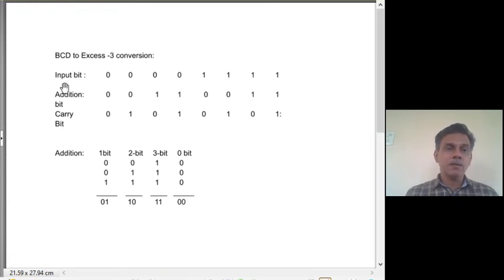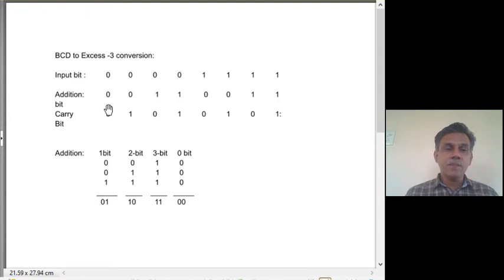Those 3 bits are the input bit, that is the xi to be added, the addition bit to be added, which is 1 for the first 2 clock periods and 0 for the next 2 clock periods. Then the carry bit which needs to be added. Of course, for the 0th position it will be 0, while for the other 3 positions other than the LSB, the carry bit can be either 0 or 1.